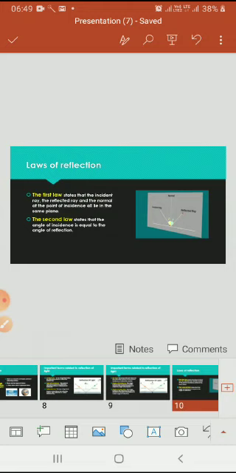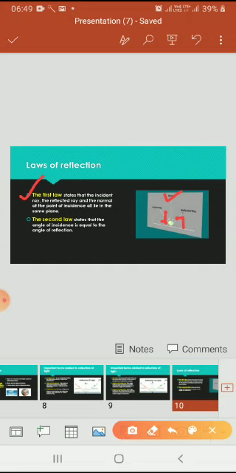Now students, I will discuss the laws of reflection. The reflection of light from any reflecting surface is governed by two simple laws. That is actually the laws of reflection. The first law states that the incident ray, the reflected ray and the normal at the point of incidence all lie in the same plane.